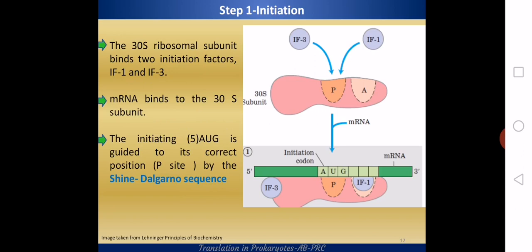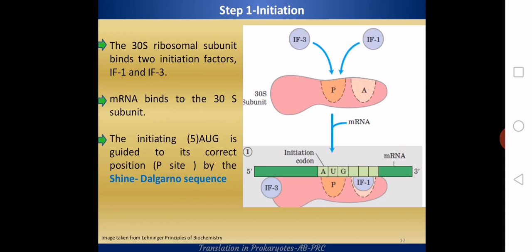And as we know, in prokaryotes, once the transcription is going on, the 5 prime end of the RNA will be coming out of the transcription complex, right?